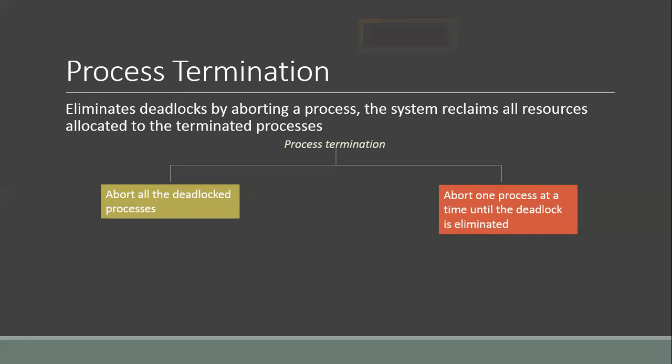So under this option, only one process will be terminated, and we will check whether the deadlock has been eliminated or not. If there is still deadlock in the system, then we will abort the next process. We will keep aborting processes one at a time until the deadlock is removed.